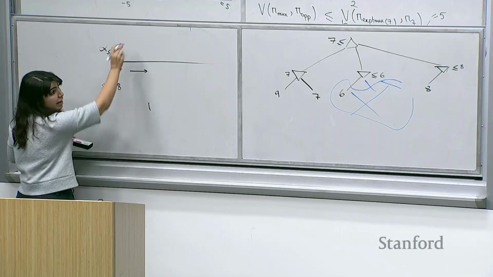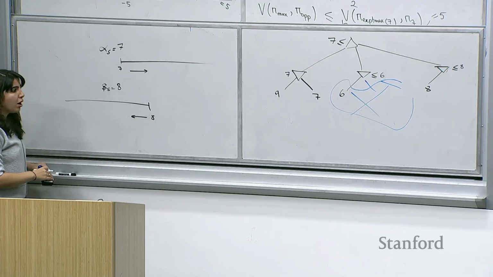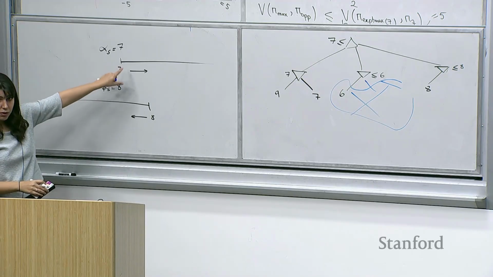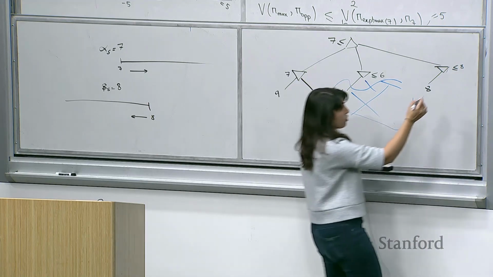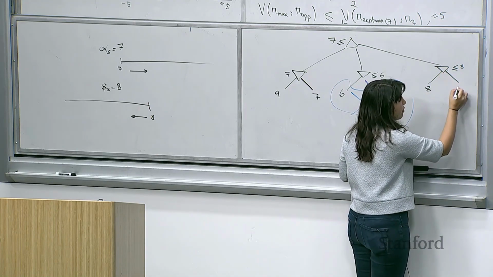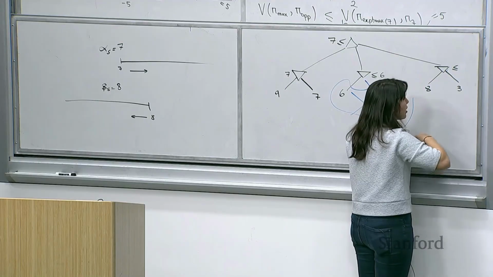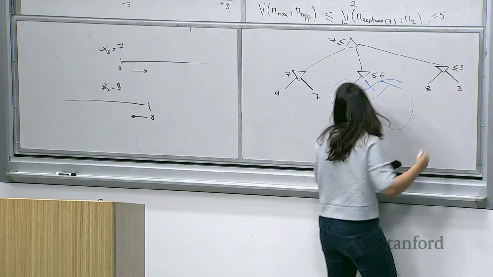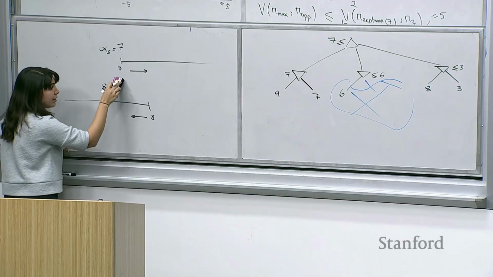My alpha is still 7, because that's for my top node. So it's 8 or lower. We do have an interval, an overlapping interval, 7 to 8. Everything is good. So I actually need to go and see what this value is. This value is 3, so I get 3 here, or it's exactly equal to 3. So that updates my beta from 8 to 3.